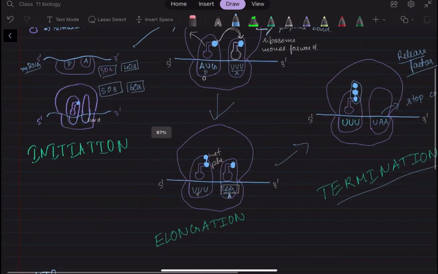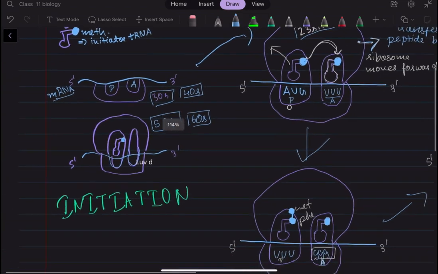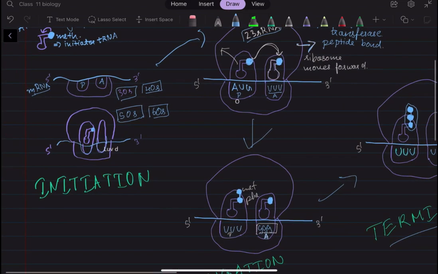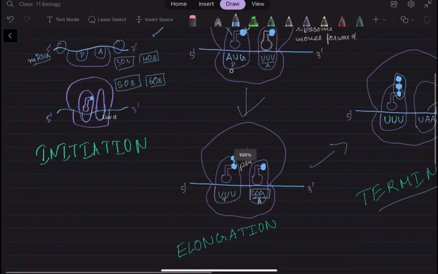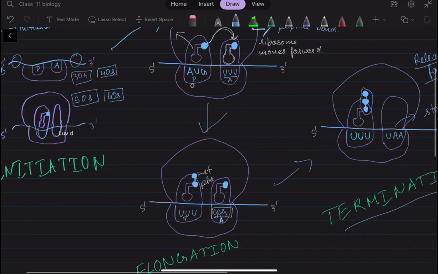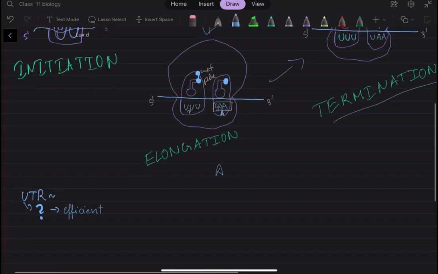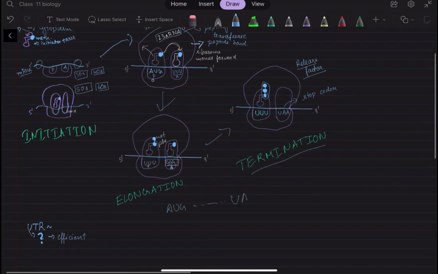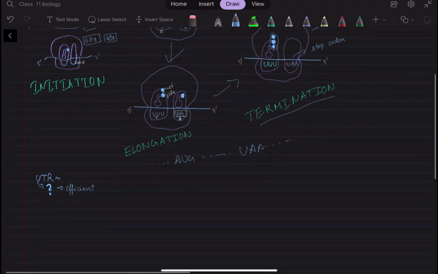One thing here is that we have some parts of the mRNA which are not translated. Suppose we have AUG over here, some code, and then UAA, and there must be some other nucleotides here too.